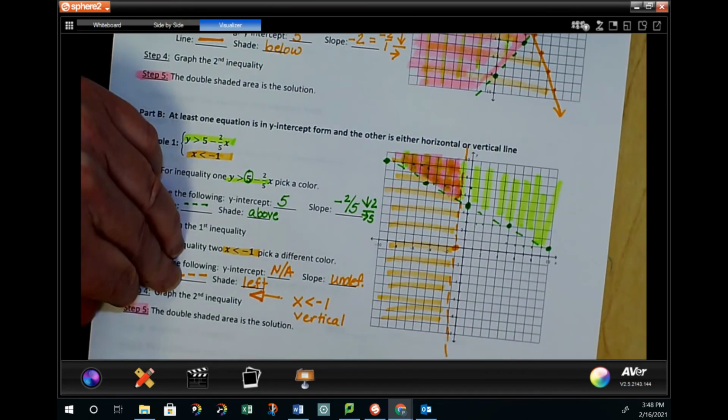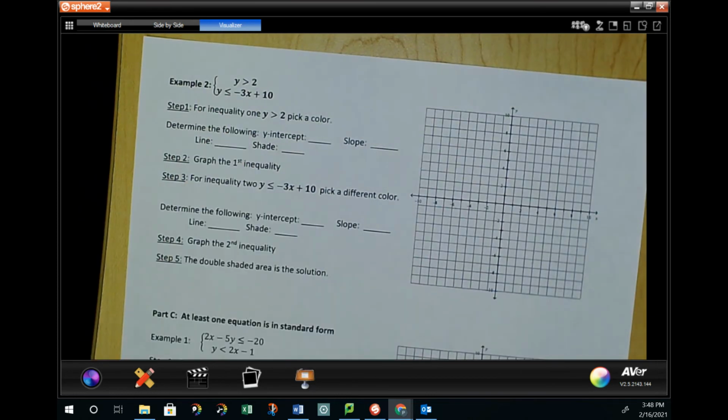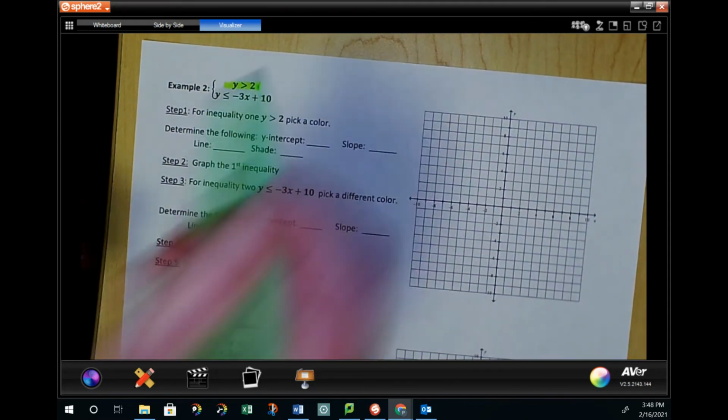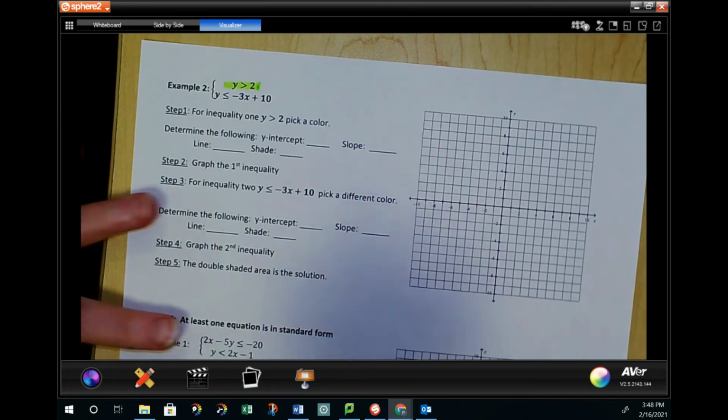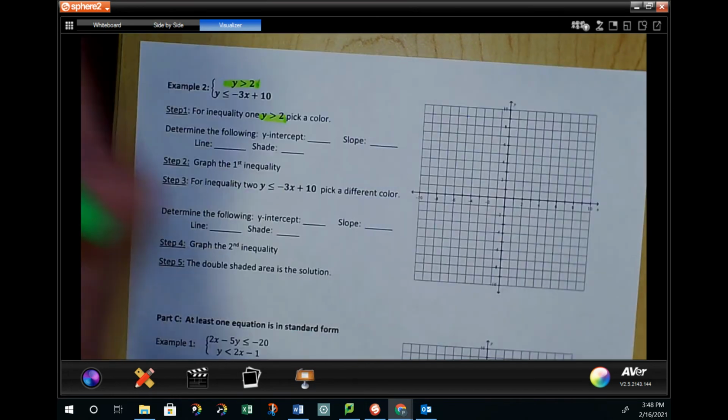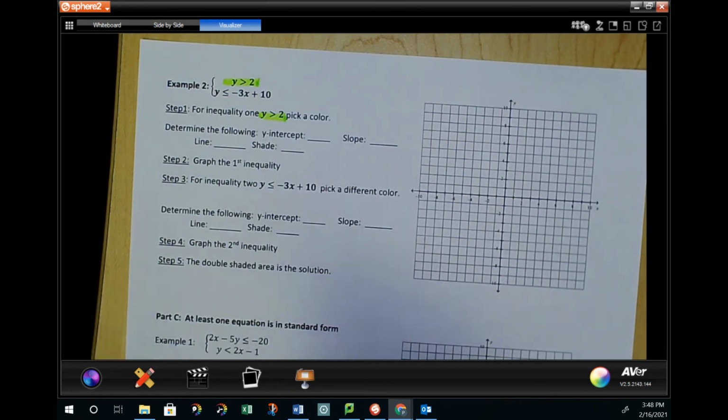Okay, so for the next one, you're going to have this one. So again, you're going to pick your intercepts. You're going to pick your colors. So this top one is y is greater than 2. So I pick that color. It's going to be green. Y is greater than 2.